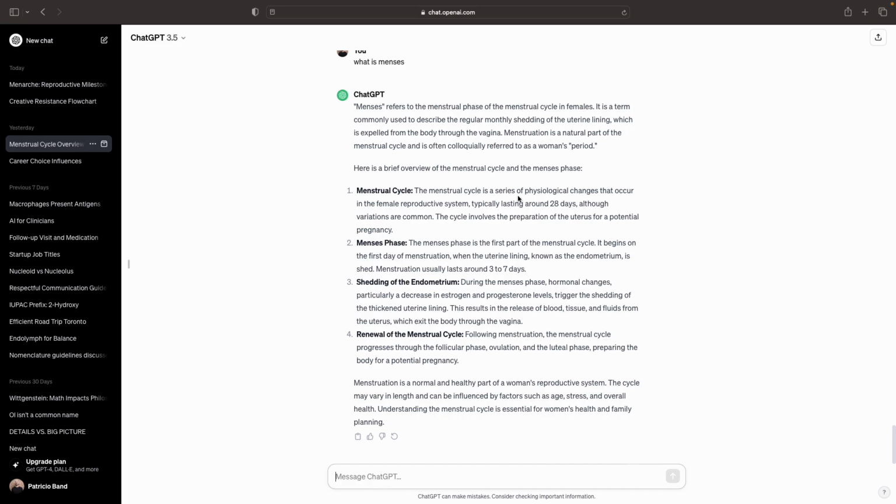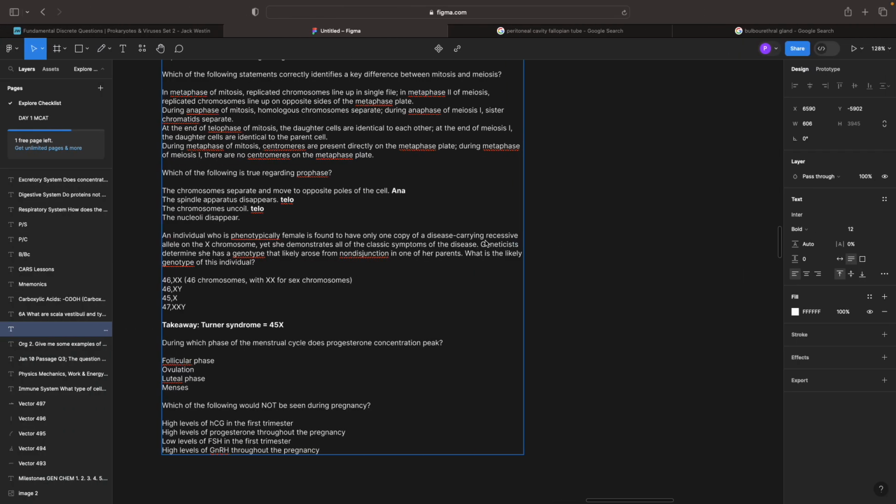Although variations are common, the cycle involves the preparation of the uterus for a potential pregnancy. The menses phase is the first part of the menstrual cycle. It usually lasts 3 to 7 days, when the uterine lining known as the endometrium is shed, so you have your period.